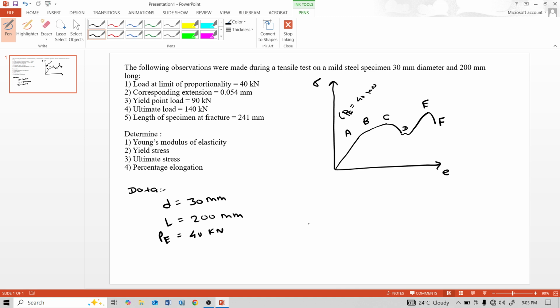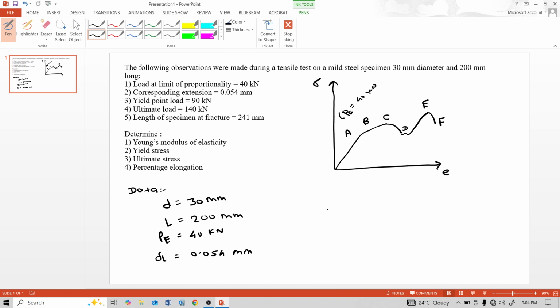Corresponding extension for that load at limit of proportionality, denoted by delta L, is equal to 0.054 mm.